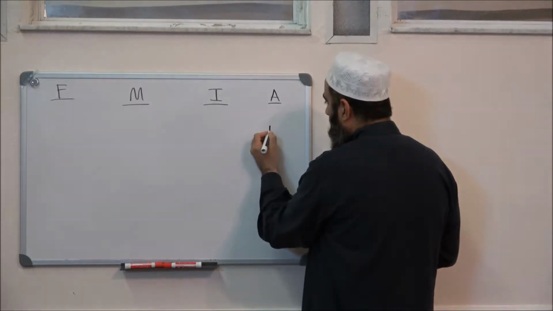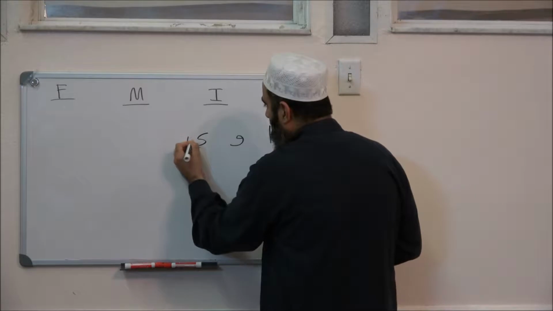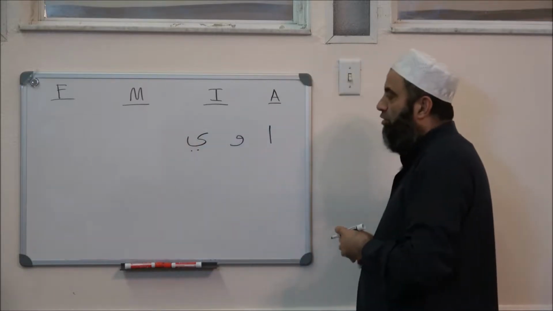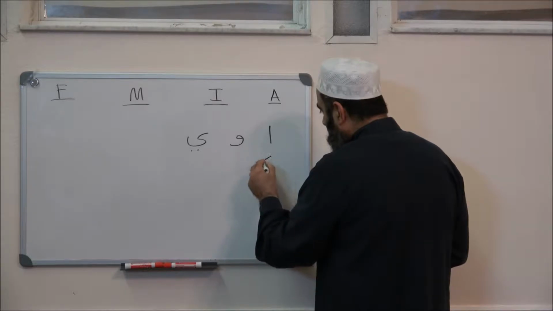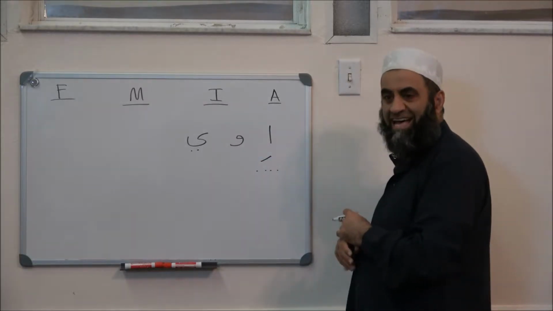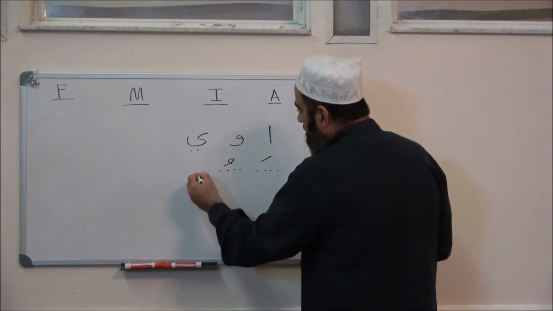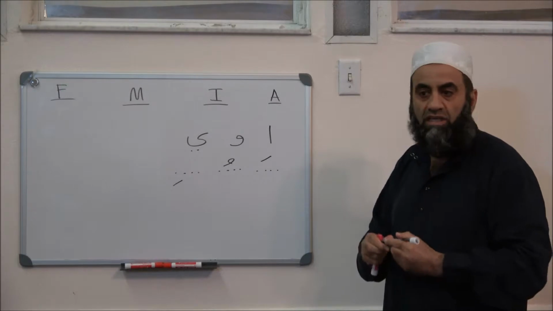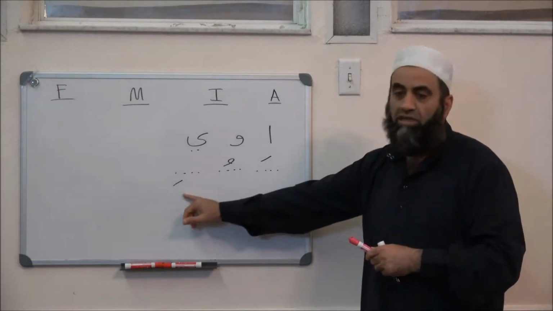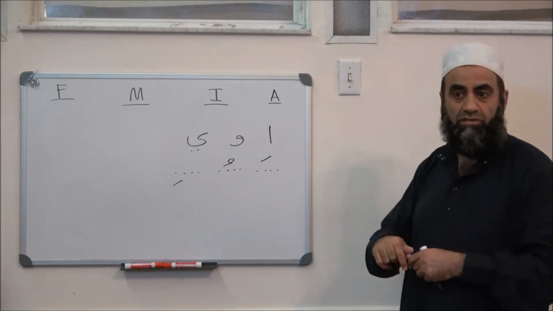We introduced the A, the U and the E. These are the 3 long vowels. The daughters of these are the Fatha or just A, the Dhamma which is U, the Kasra which is E. Remember very importantly that the short vowels are not letters, they are symbols associated with the letters.